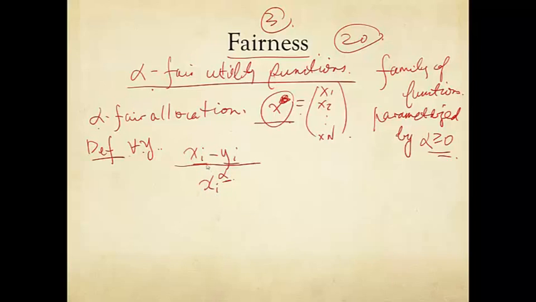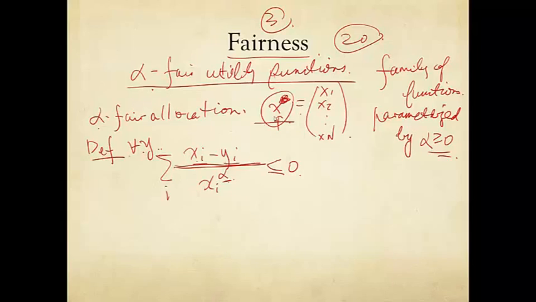That's some kind of alpha parameterized normalization of the difference in drifting away from x allocation to y allocation. And then I look at the collective impact on all the users in the system, summing over i. If this summation, which is a single scalar, is negative, less than or equal to 0, then I say this vector x is an alpha fair vector.